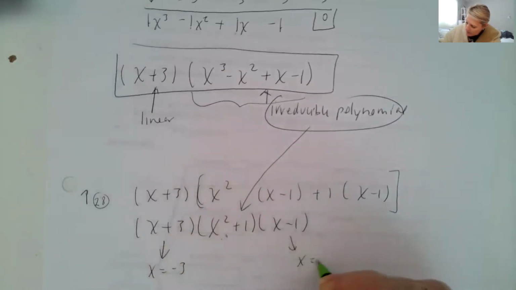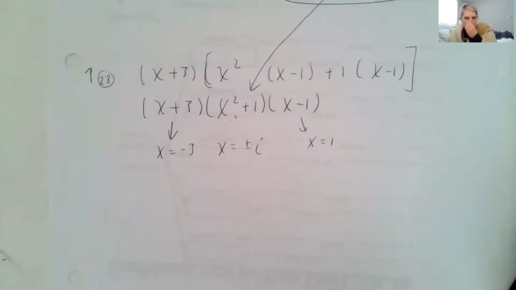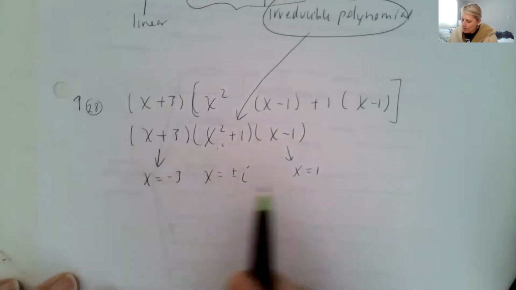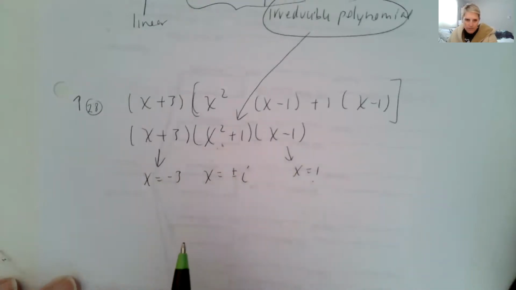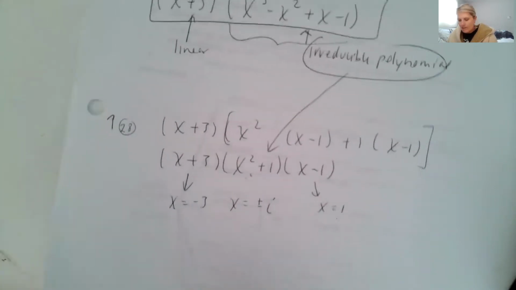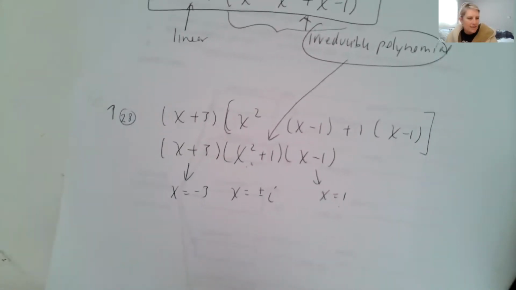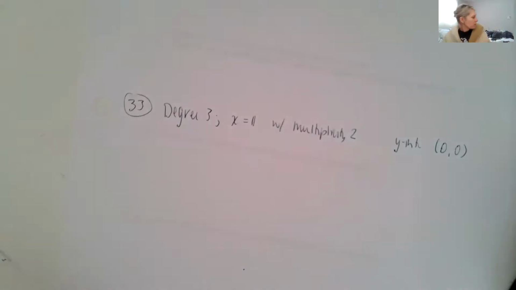This would be x equal to 1. And this would be x equal to plus or minus i, because we'd have the square root of a -1. So that's where we get the 4 roots. So this lesson 3.6 is really just an extension of everything that we've been doing.